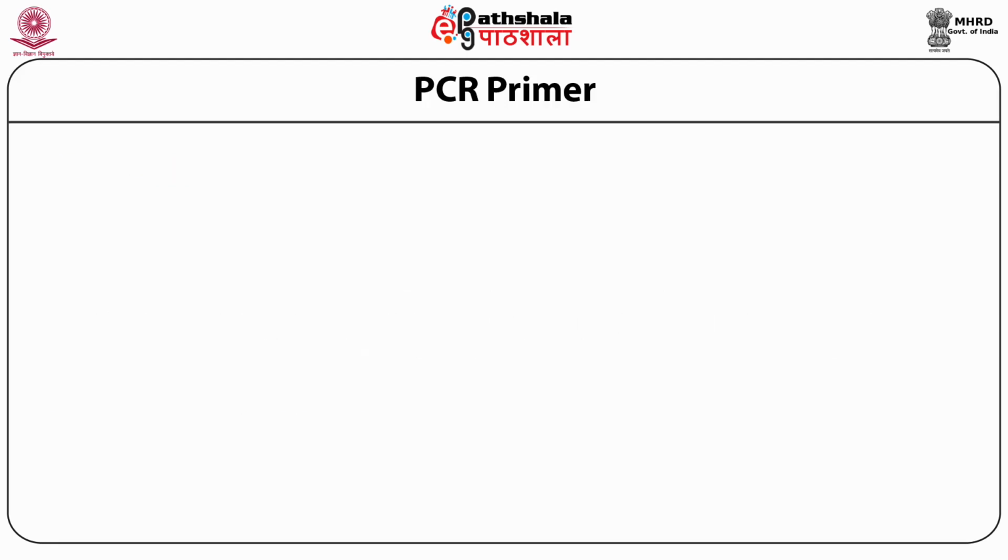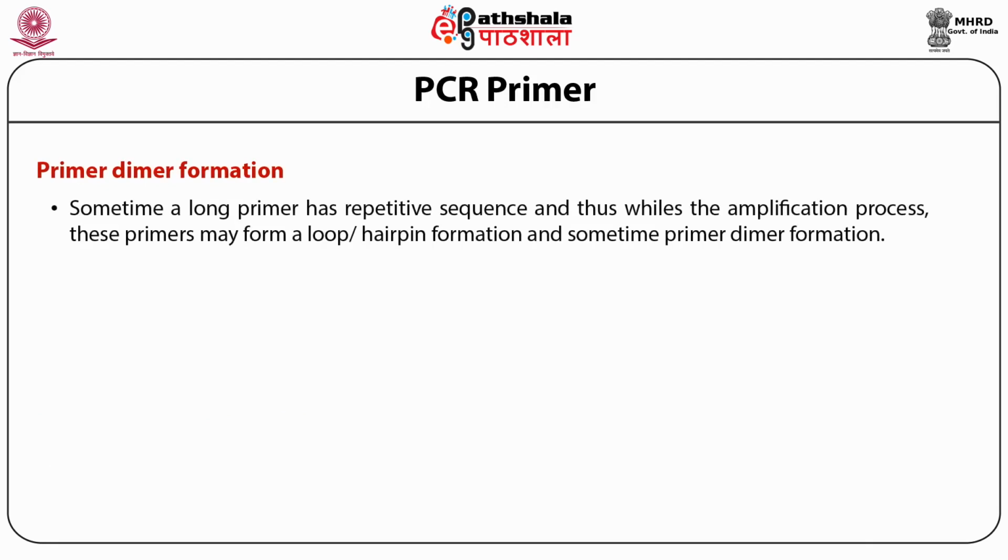Now come to the second point, primer-dimer formation. Sometimes a long primer has repetitive sequences, and therefore during the amplification process, these primers may form a loop or hairpin, and sometimes a primer-dimer is formed. So we should avoid primer-dimer formation.